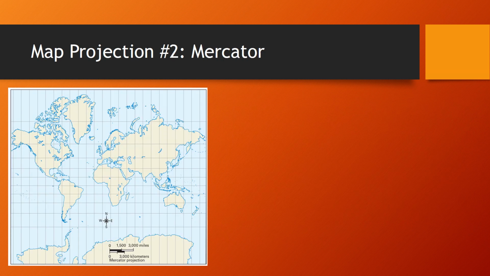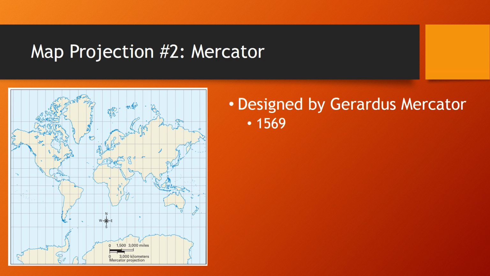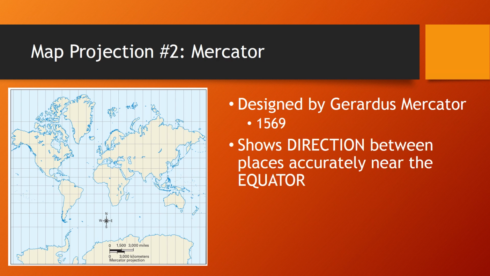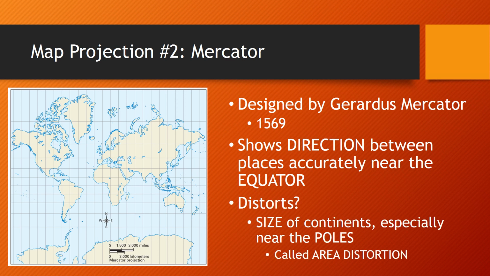Map projection number 2 is called the Mercator. Say it with me, Mercator. This one was designed by Gerardus Mercator in 1569. It shows direction between places accurately near the equator. However, it distorts the size of continents, especially near the poles.